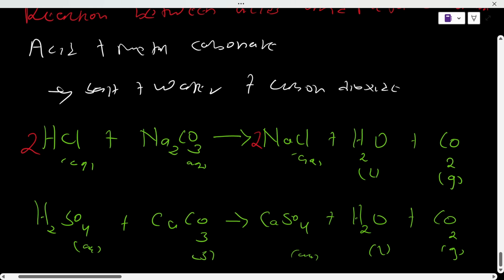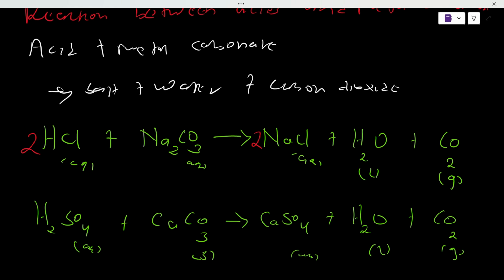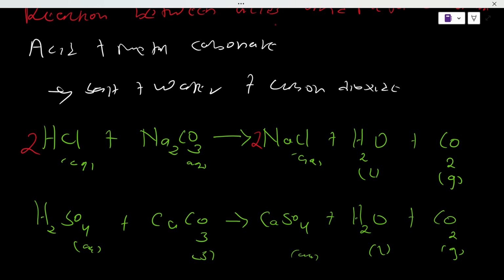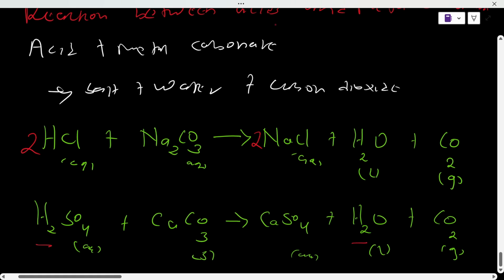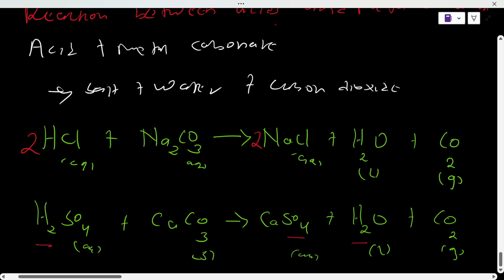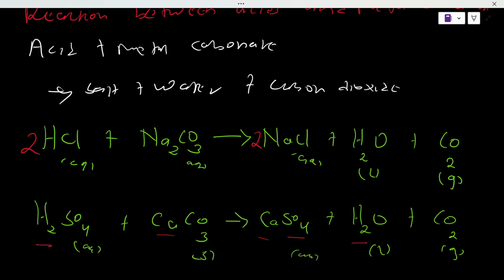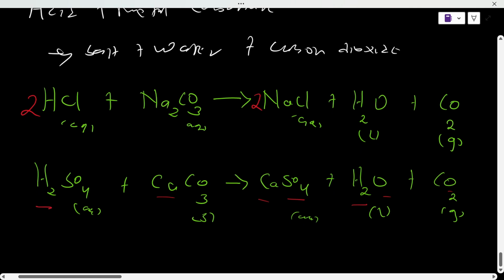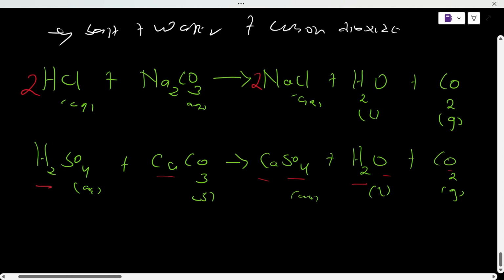Now how do we balance this? When I want to balance this, simply look at hydrogens are 2 here. We have 2 hydrogen, sulfate is 1, sulfate is 1, calcium 1, calcium 1, oxygen 3, and oxygens are 3. Carbon is 1, carbon is 1. So it is balanced.